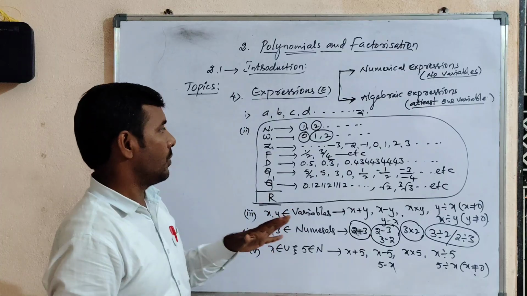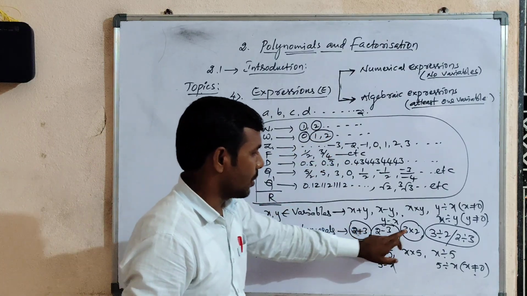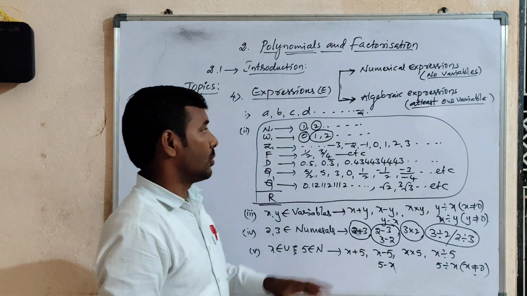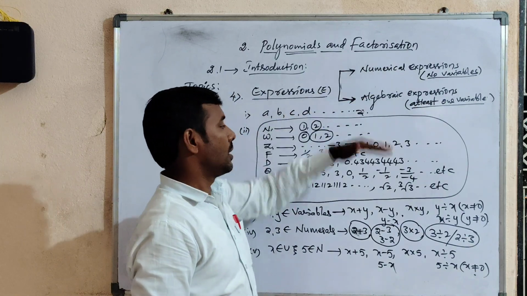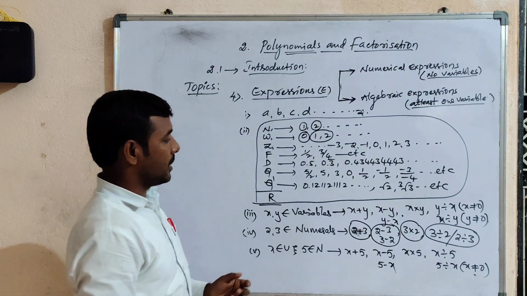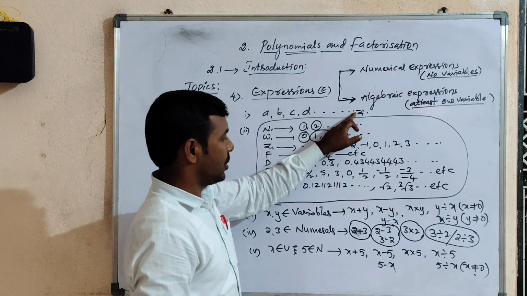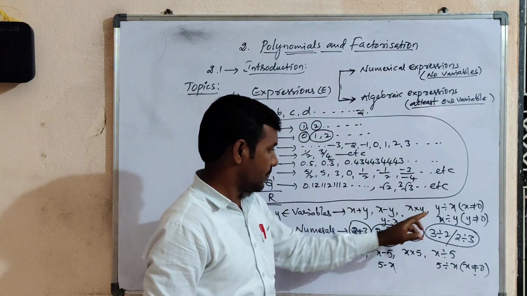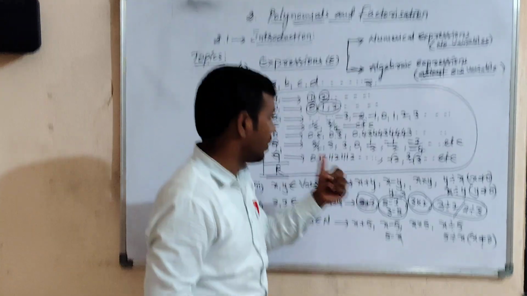So now see carefully this total and this 4. Those are the best examples of numerical expressions. Okay? Next, the rest of the things remain: A, B, C, D, dot dot dot, Z, and here variable involvement, everywhere variable involvement.